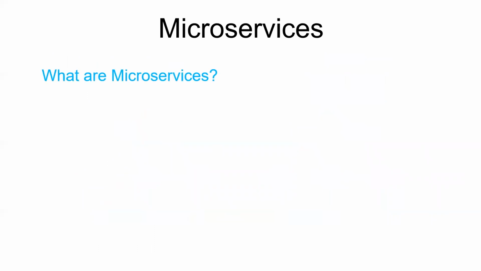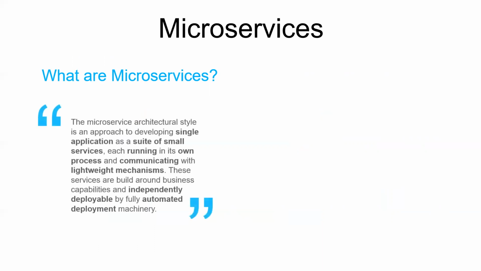Now, if you are looking for a more formal and structured definition of microservices, I will choose the definition proposed by James Lewis and Martin Fowler, in which they said, the microservice architectural style is an approach to developing a single application as a suite of small services, each running in its own process and communicating with lightweight mechanisms.